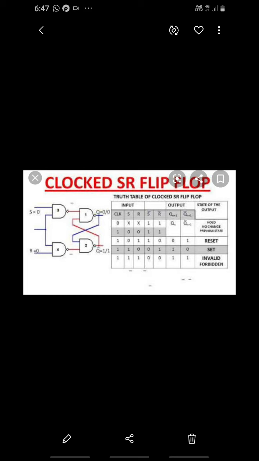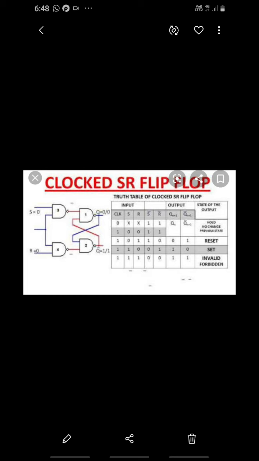Previously we have done the SR latches by using NOR and NAND gates. Same as it is here, but here the flip-flop contains the clock signal.